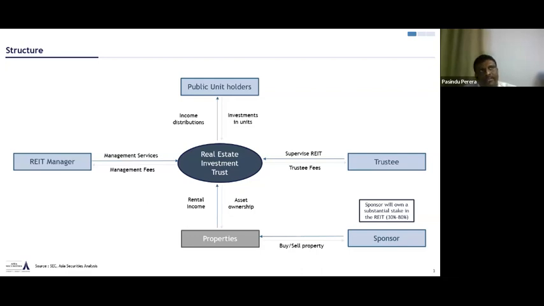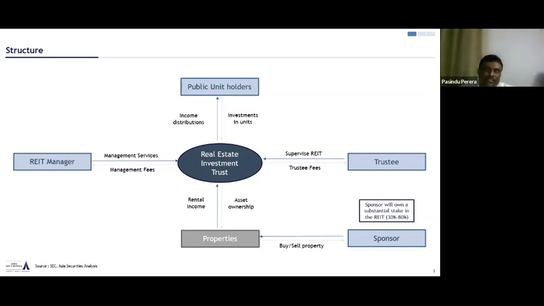But my intention is to transfer my asset into the REIT, and on top of that I can realize part of that money. Say 30% will be issued to the public, and the public will pay to the REIT, and then that money comes to the sponsor.